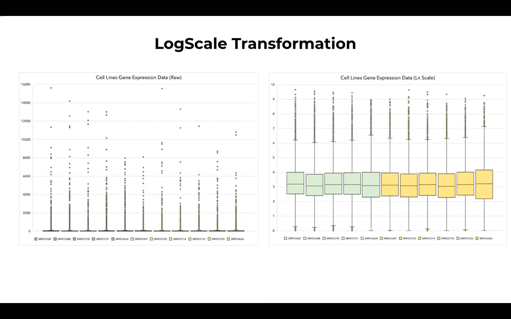But it is really difficult to work with this data, because this data is non-linear, and it has a lot of variability, which does not make sense. To make it more linear and make it more scalable, we do log transformation.